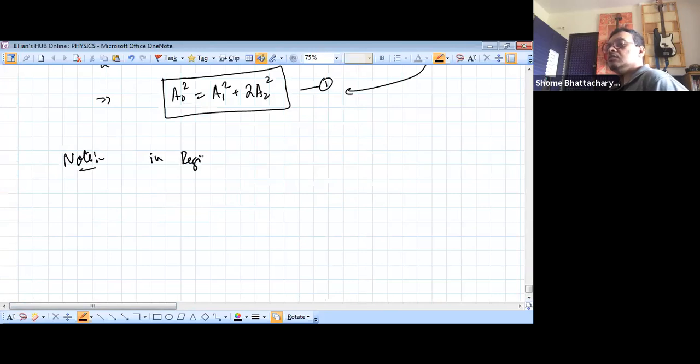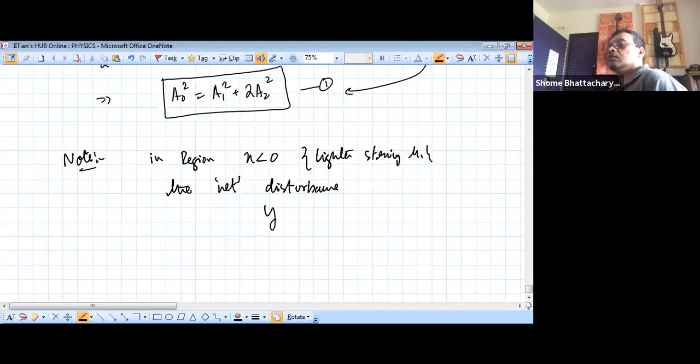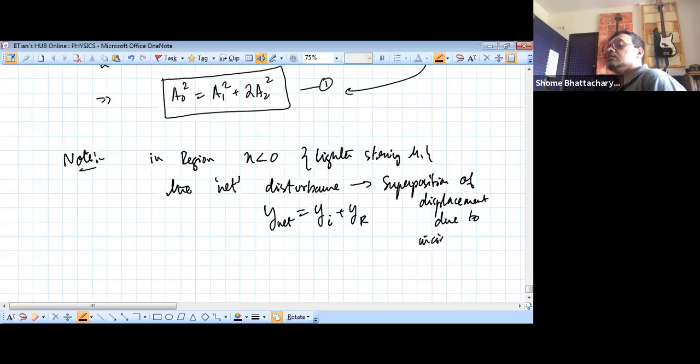In the region x negative, that is the lighter string of linear mass density mu1, the net disturbance at a point is the superposition of the displacement due to the incident wave and the reflected wave.